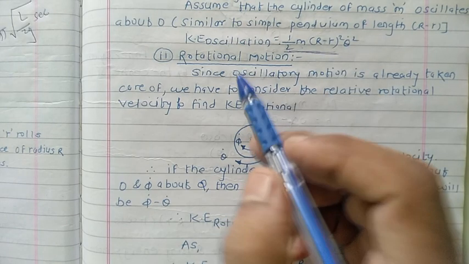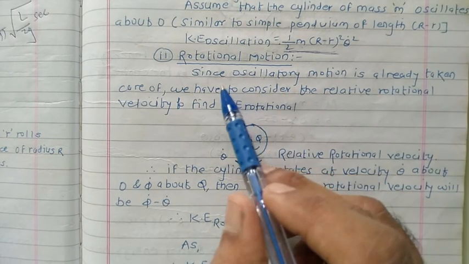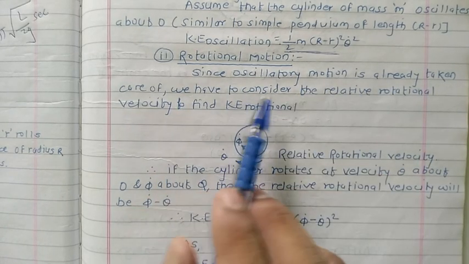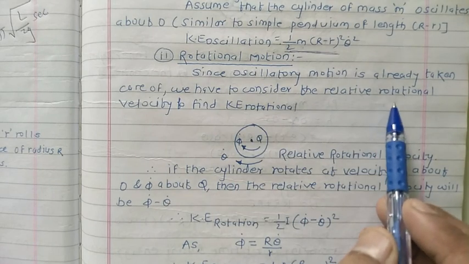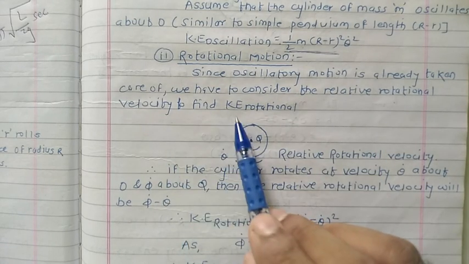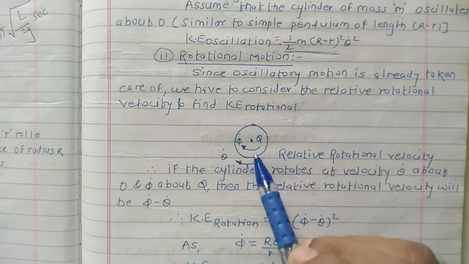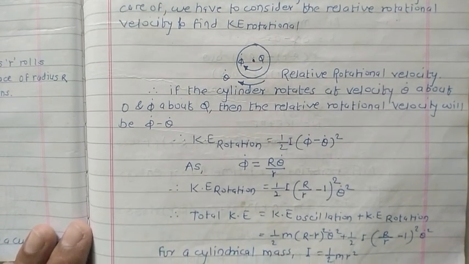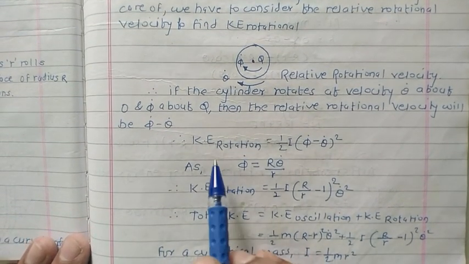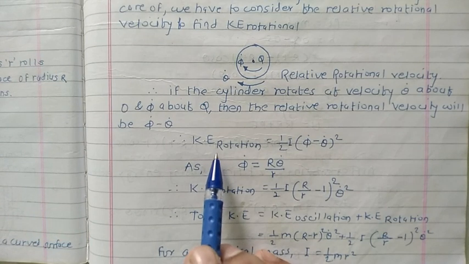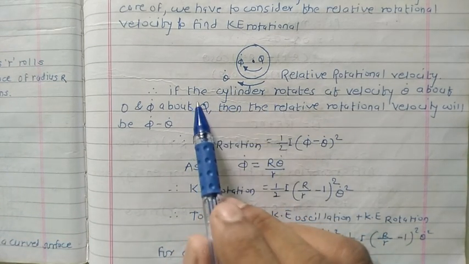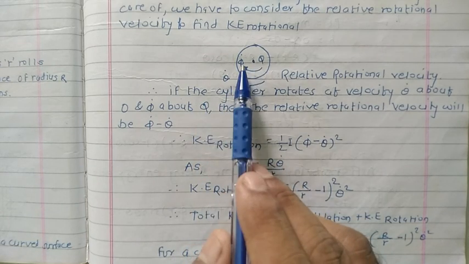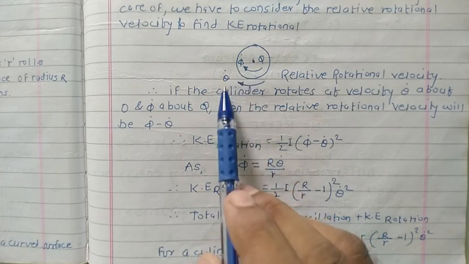So what about the rotational motion? Since the oscillating motion is already taken care of, we have to consider the relative rotational velocity to find the kinetic energy possessed by the cylinder during the rotational motion. For that, we consider the relative velocity, which is the difference phi single dot minus theta single dot.